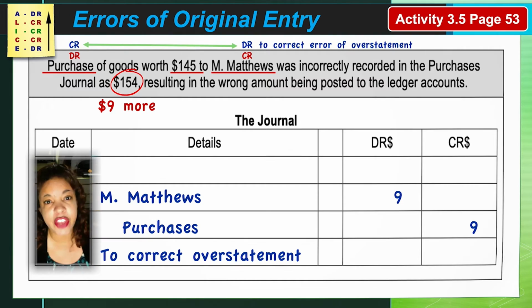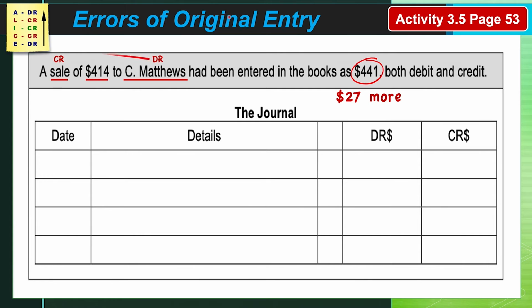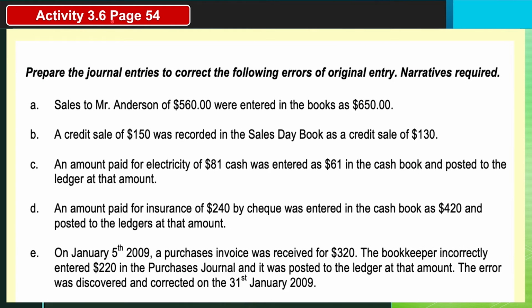So without further delay, we are going to go into 3.6, and this is what you were supposed to do. We can just do the first one. Sales to Mr. Anderson of $560. So this is the correct transaction. What are the two accounts? You see, remember to put this there.